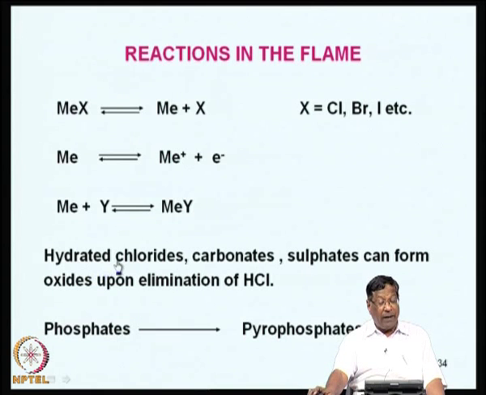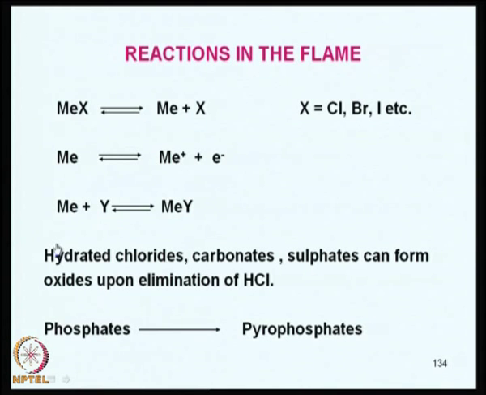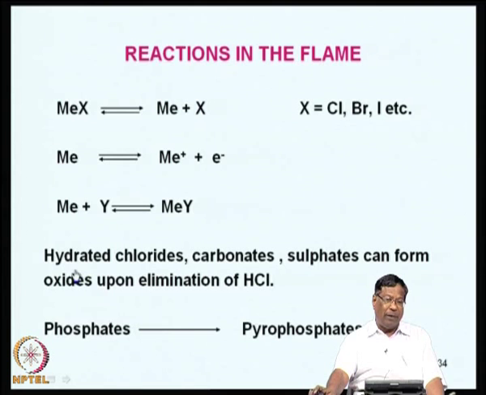So, hydrated chlorides, carbonates, sulfates, etc., can form oxides also upon the elimination of HCl, or sulfates, carbonates. At high temperature, when the solvent molecules and acid molecules go away, what remains is only the metal salt.